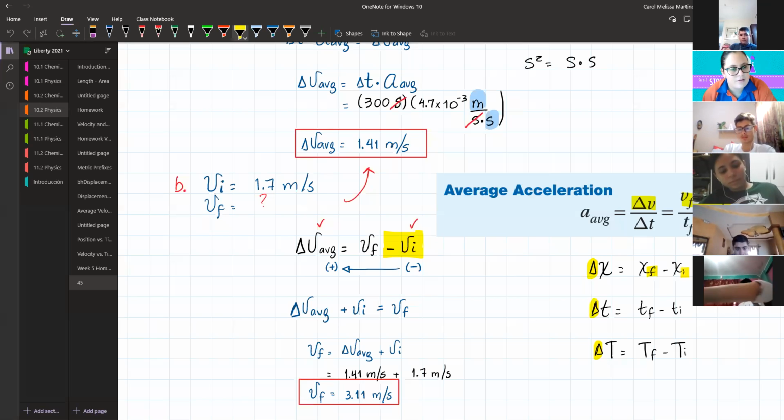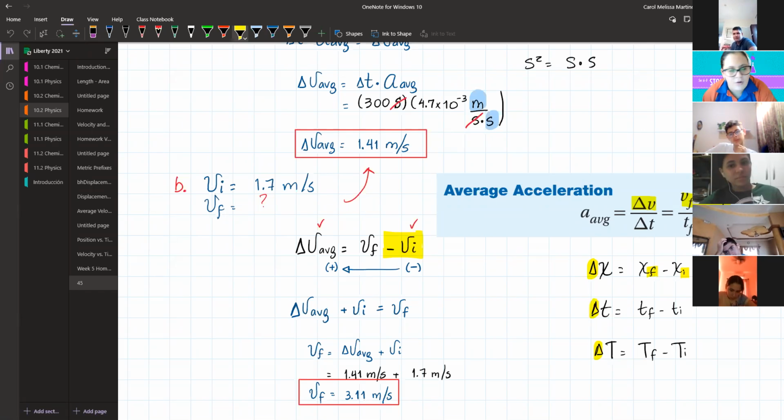Xavier? Miss, it will be a very rare case that we have, like, X initial minus X final, something like that?